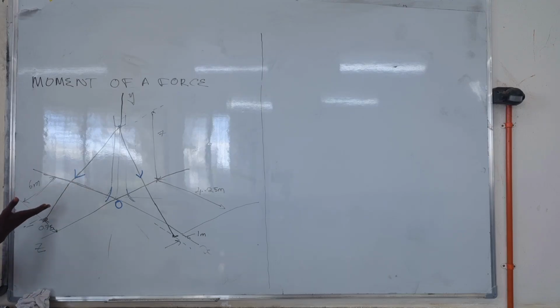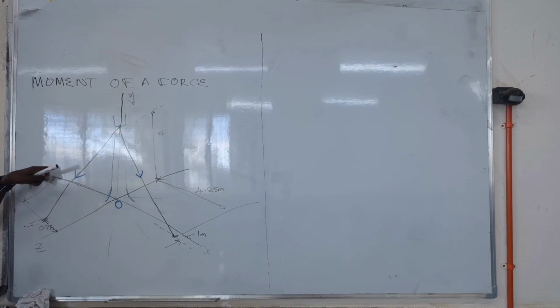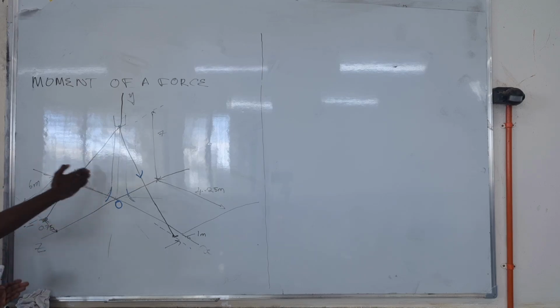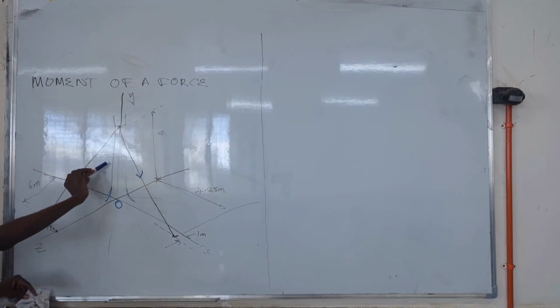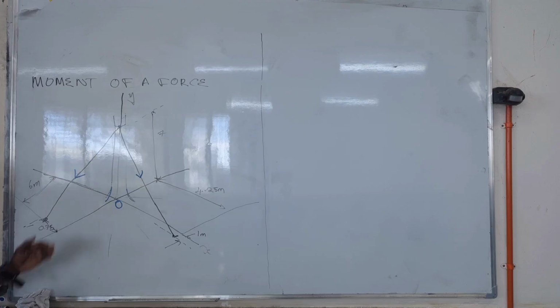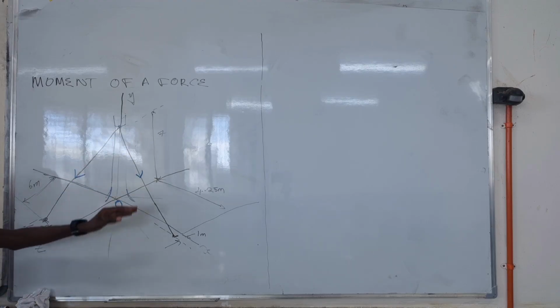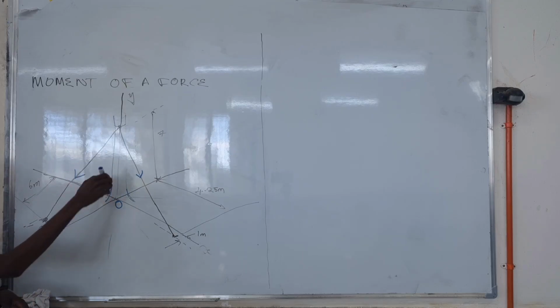When we pull this rope hard enough, this tree will fall like this, right?